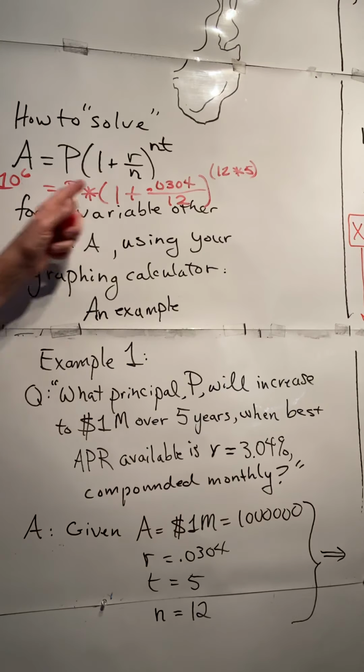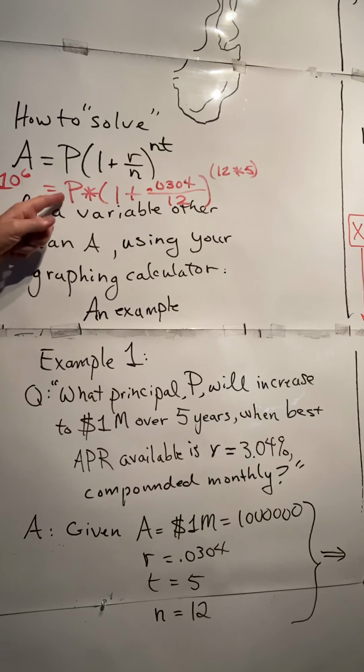So now we have an equation with all known values except for P. How do you solve that exactly using the graphing calculator?